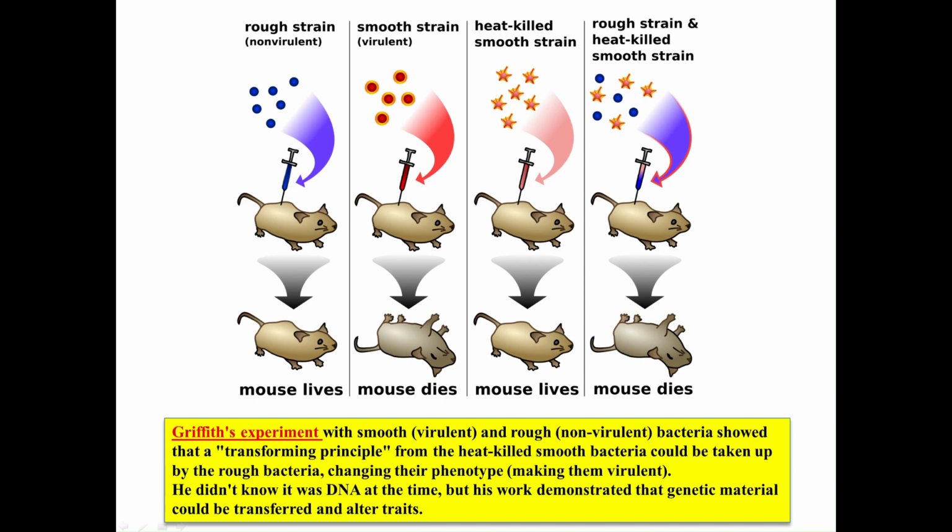Then in the second step, when he injected the mouse with the smooth strain, the mouse dies. Then in the third step, when he injected the mouse with the heat-killed smooth strain, the mouse lives. Finally, when he injected the mouse with the rough strain and the heat-killed smooth strain, the mouse dies. Then he concluded that something from the dead smooth strain transformed the harmless rough strain into virulent smooth strain.